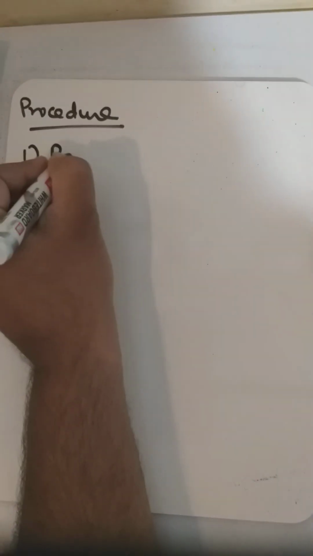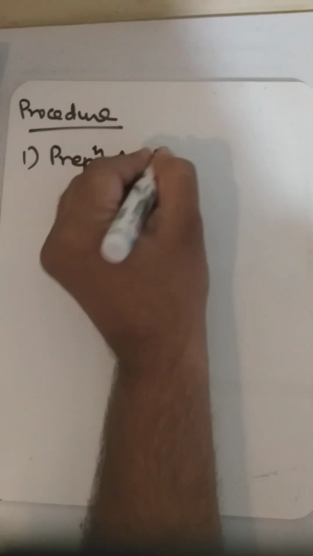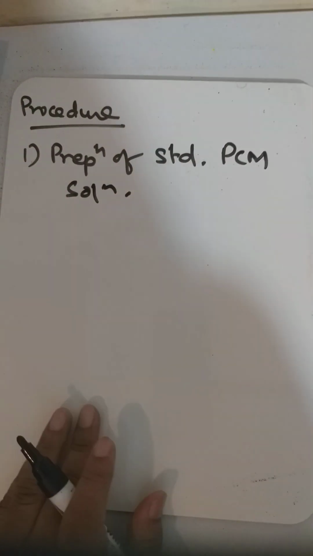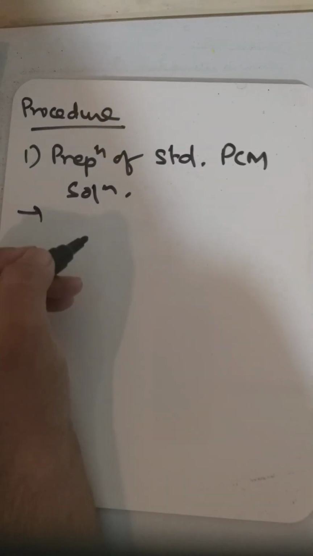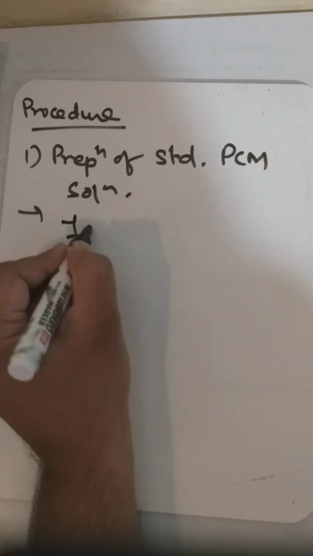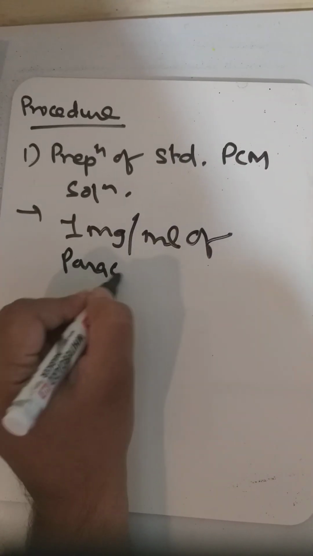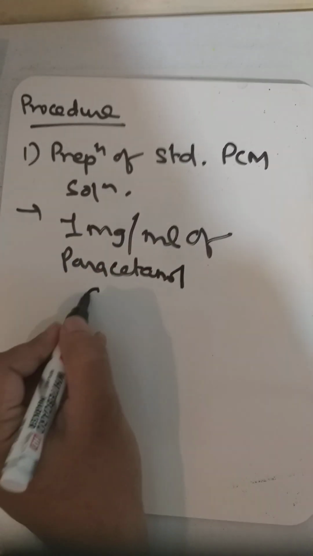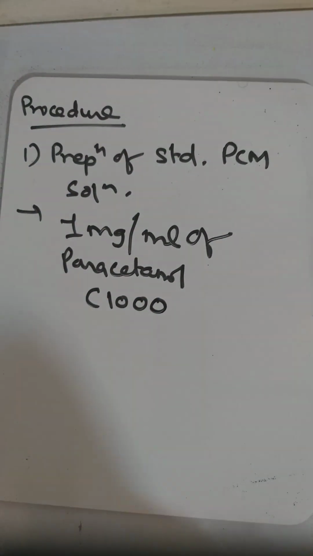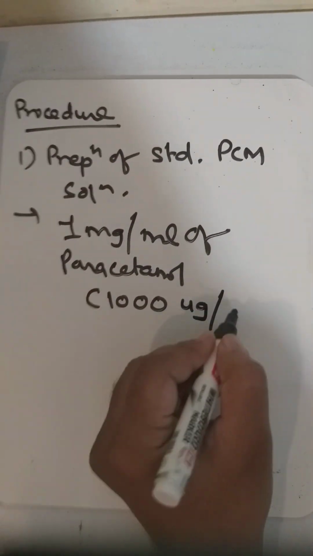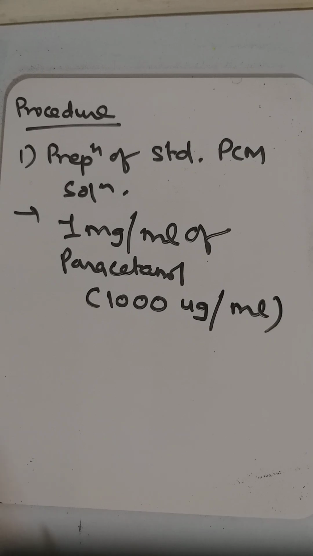Now we will talk about the procedure. The procedure is composed of the following. First thing is the preparation of standard paracetamol solution. You have to prepare a solution which contains 1 mg per ml of paracetamol. That itself means it is 1000 microgram per ml solution. Agree?